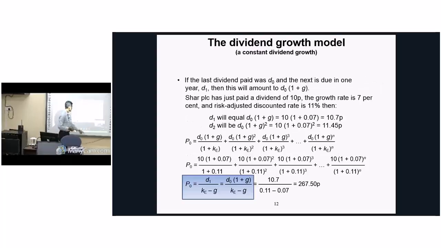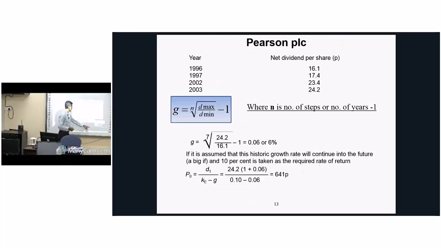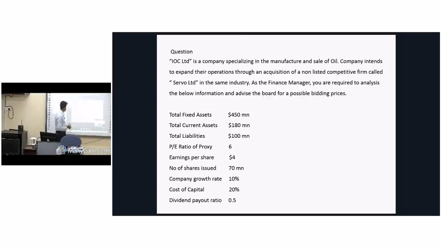Let's do a question on this. IOC Limited is a company specializing in the manufacturing and sale of oil. The company intends to expand its operations through the acquisition of a non-listed competitive firm in the same industry, called Servo.